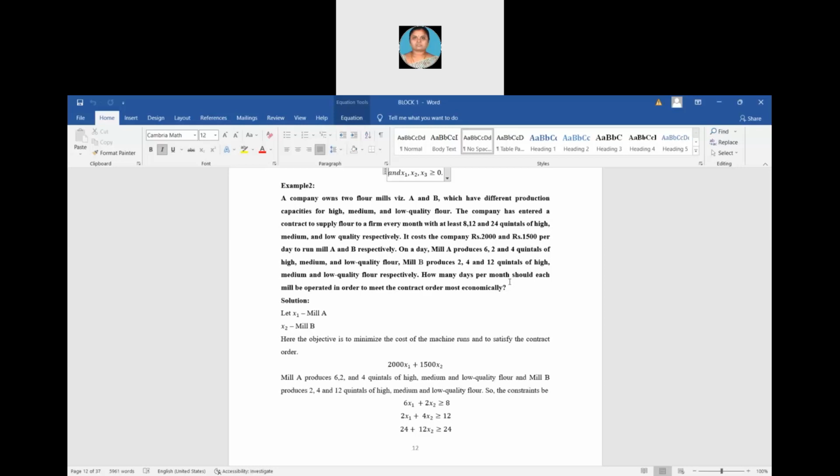So, how many days per month should each mill be operated in order to meet the contract most economically? Most economically.